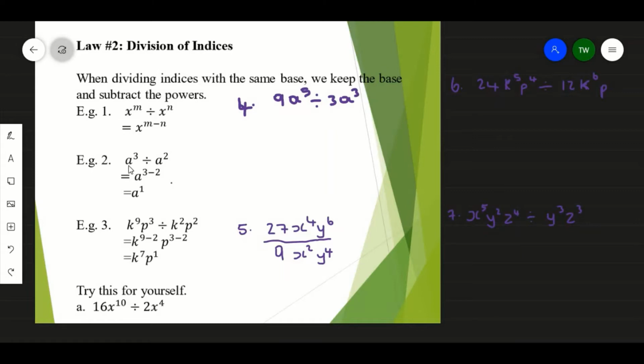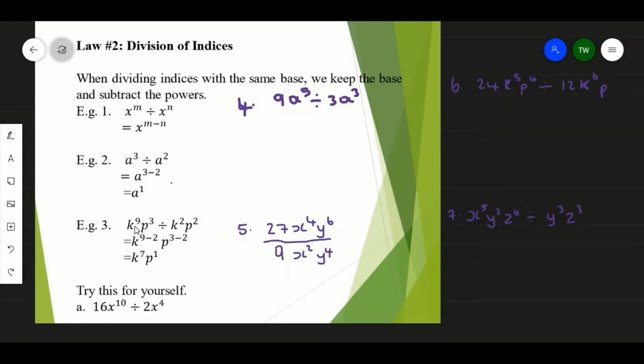Example 2. a to the 3rd power divided by a squared is going to equal a to the 3rd power minus the 2nd power. So clearly the bases are the same, so we simply subtract the powers.